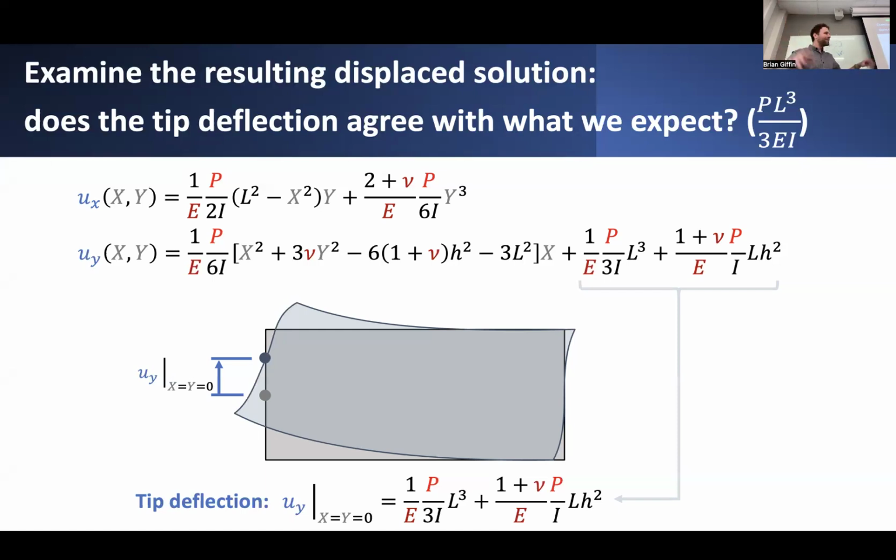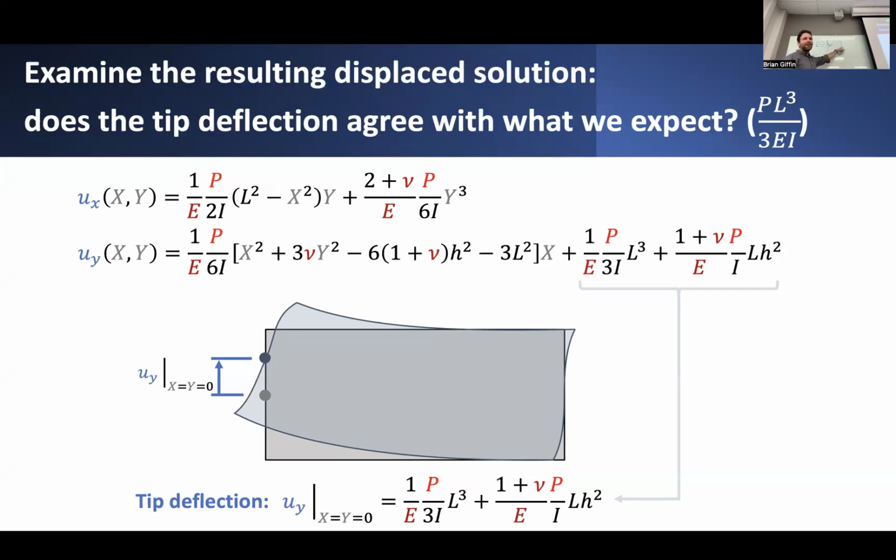In fact, if we take a moment and look at some of the terms in this hunk of garbage that is this collection of equations, we'll notice some interesting things, that there are certain terms that depend on things like h squared, y squared, or y cubed. What would happen if we were to try to replicate Euler-Bernoulli beam theory, given this existing solution that we've come up with? Can we somehow recover Euler-Bernoulli beam theory by imposing some conditions that replicate the assumptions?